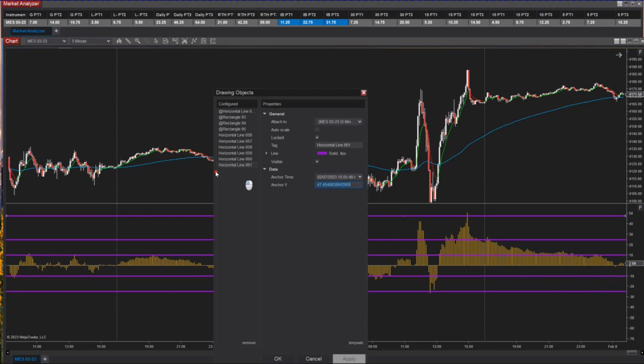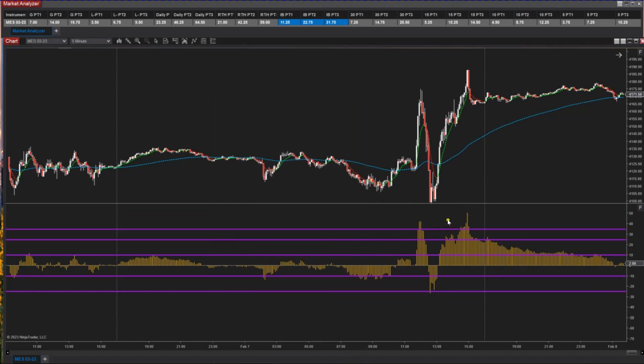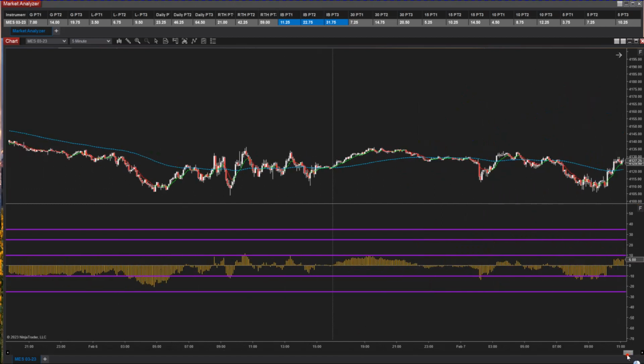So this looks like, let's just put 35. There we go. So make sure we hit it. So once it hits 35, you might be looking for it to come back in. So you can just do the eyeball test, like I call it.